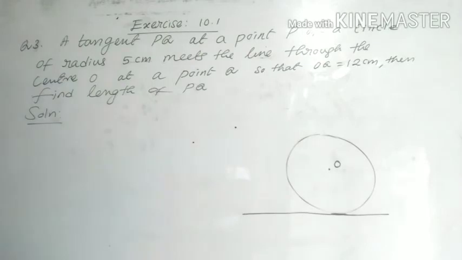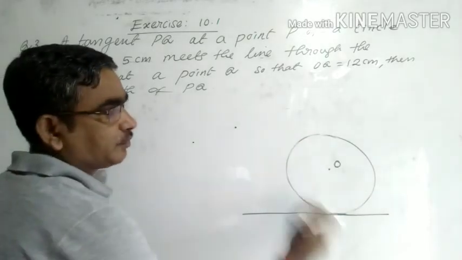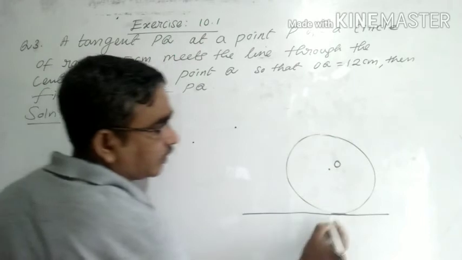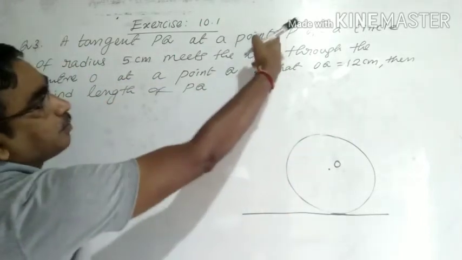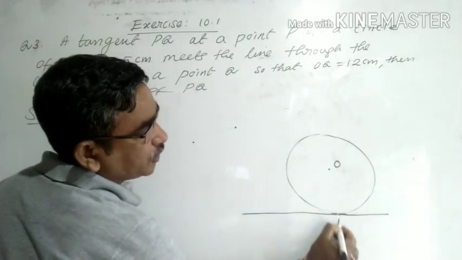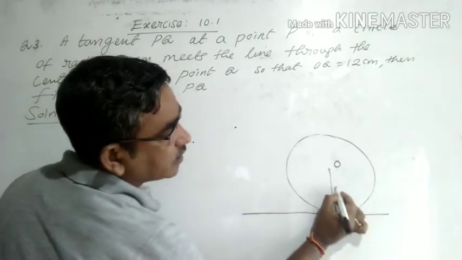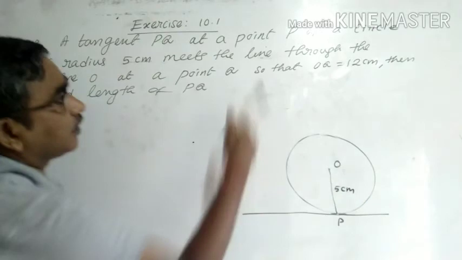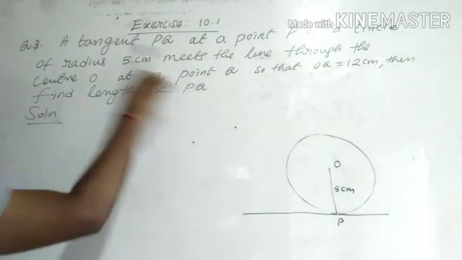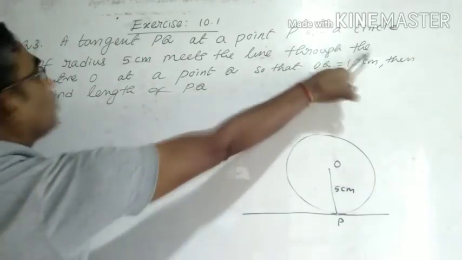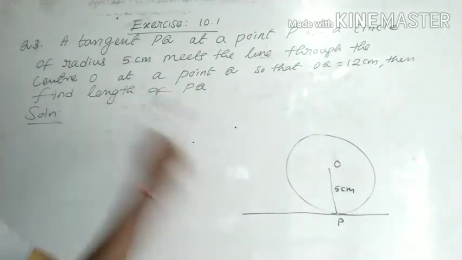A tangent PQ at a point P of a circle of radius 5 cm. We have drawn a circle and a tangent, meaning a line touching the circle. The tangent is PQ at the point P, and the radius is 5 cm. After that, the tangent meets a line through the center.